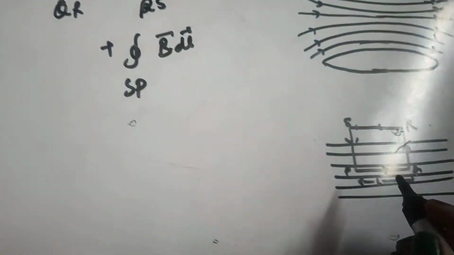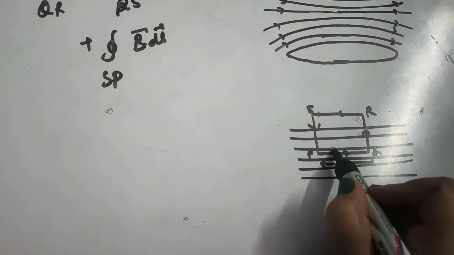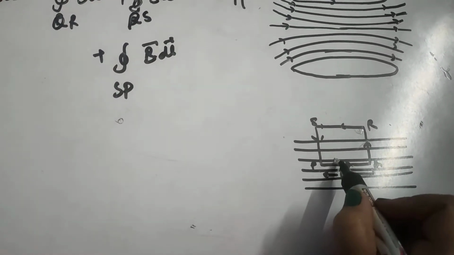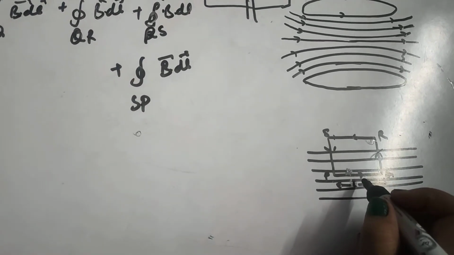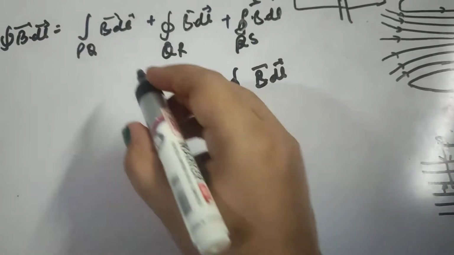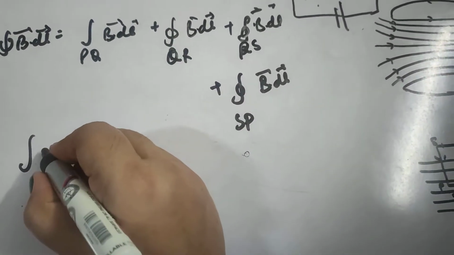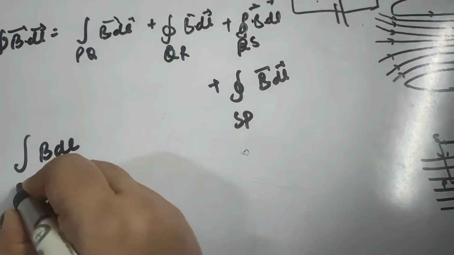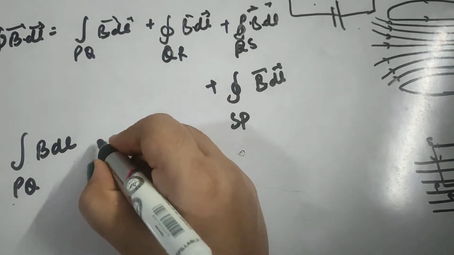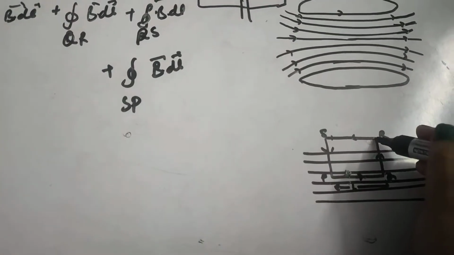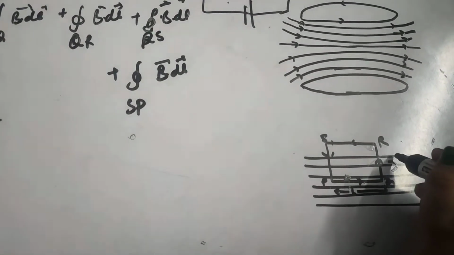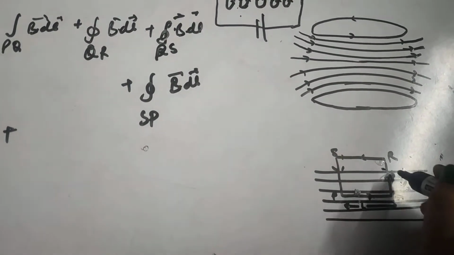Right, now this PQ and the direction of magnetic field are in the same direction. The length element and the magnetic field are in the same direction, so angle theta is 0. So for this case, the integral of B dl we can write as B dl along PQ, since cos 0 is 1, plus QR is perpendicular to the direction of magnetic field. So the angle is 90 degrees and cos 90 is 0.